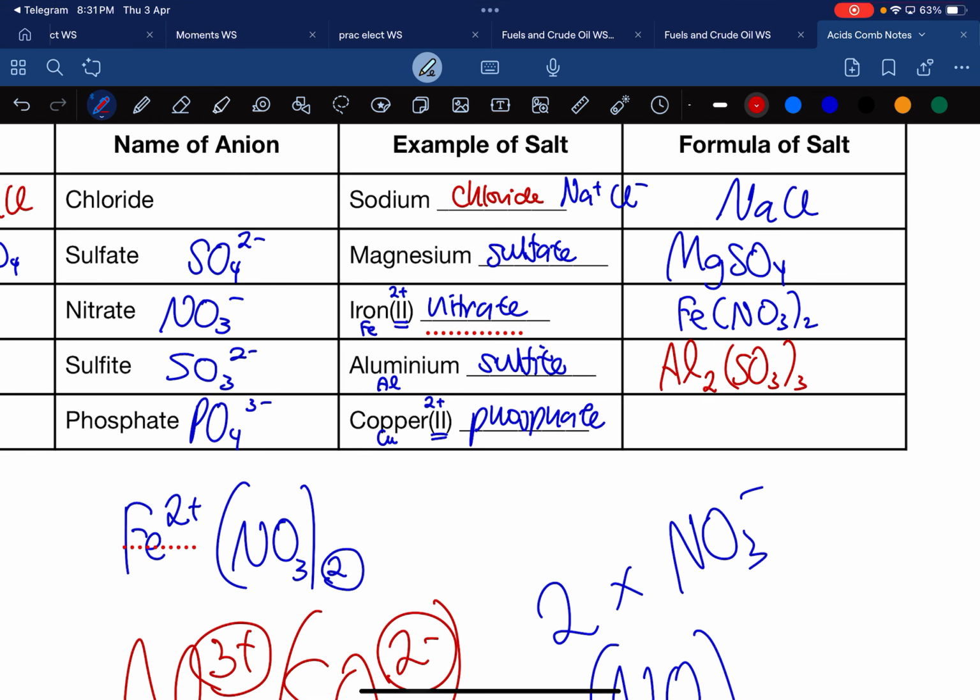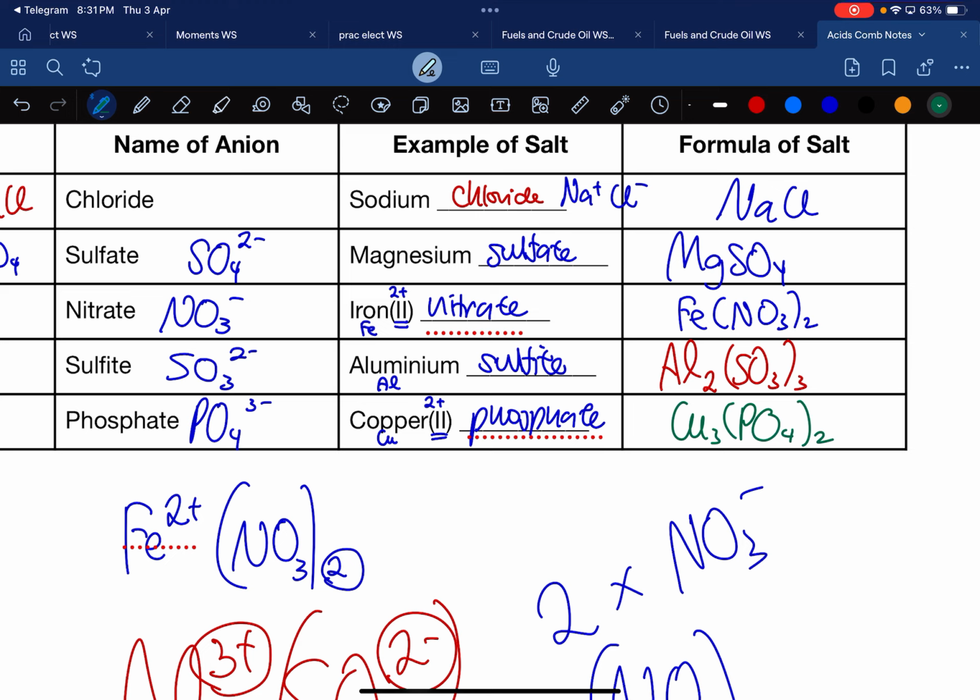Last one. Eva, what is copper 2 phosphate? PO4.